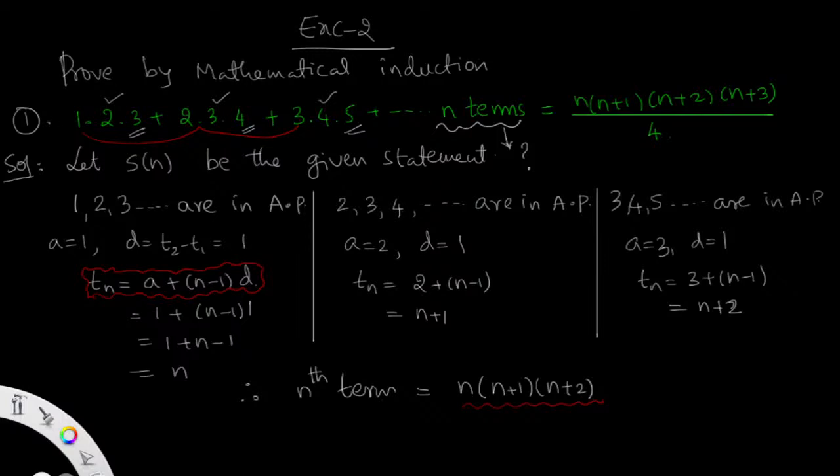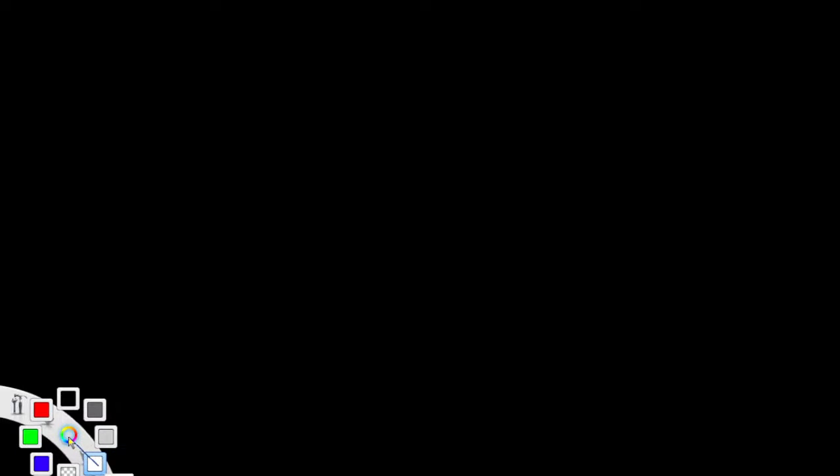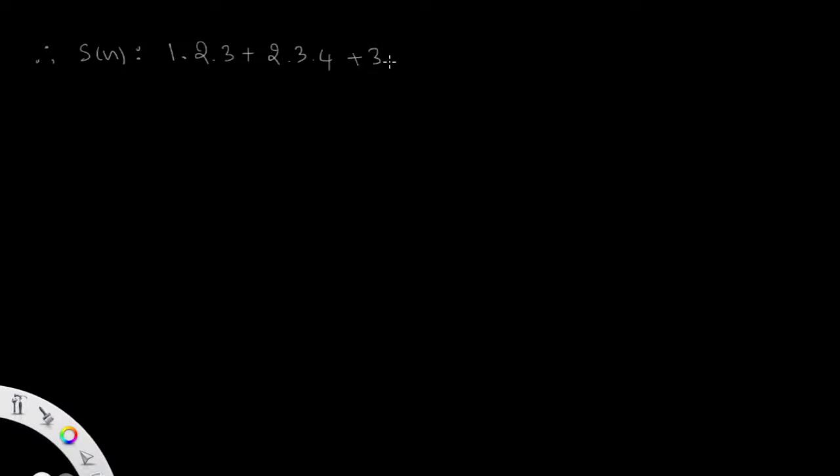Okay, then go on to write S of n. Next, write down S of n. S of n means the given statement is in the form of S of n: 1 into 2 into 3 plus 2 into 3 into 4 plus 3 into 4 into 5 and so on up to n into n plus 1 into n plus 2, where in place of the terms you write the first series as n, the second series as n plus 1, and the third series as n plus 2.